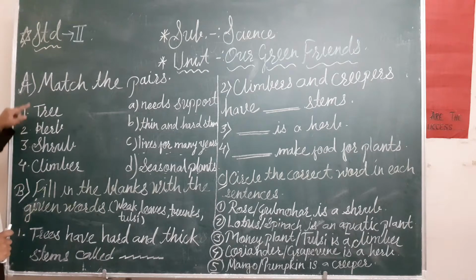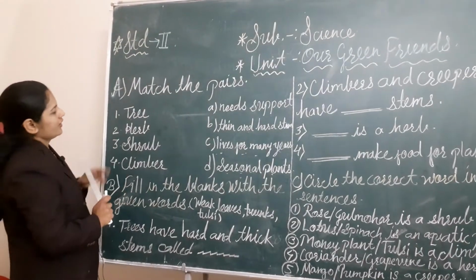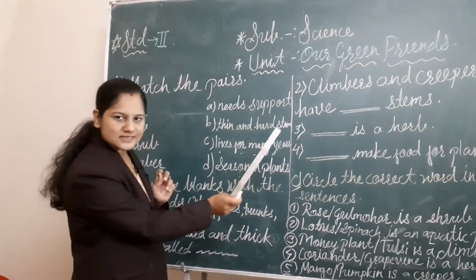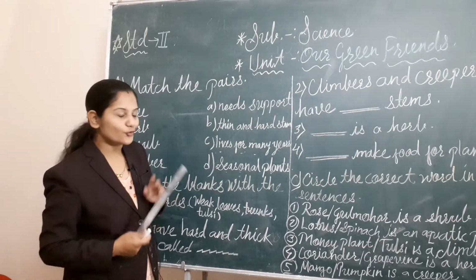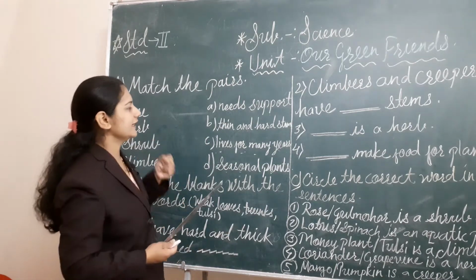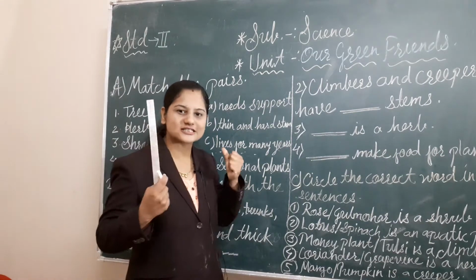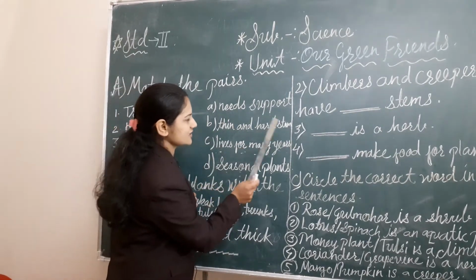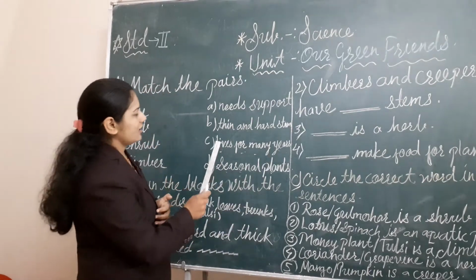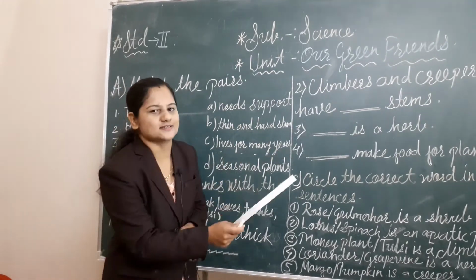Yes, obviously these are the types of plants. Then, tree needs support. Tell me, do trees need the support? No, they already have their own very strong stem. They don't need the support. Thin and hard stem? No. Lives for many years?